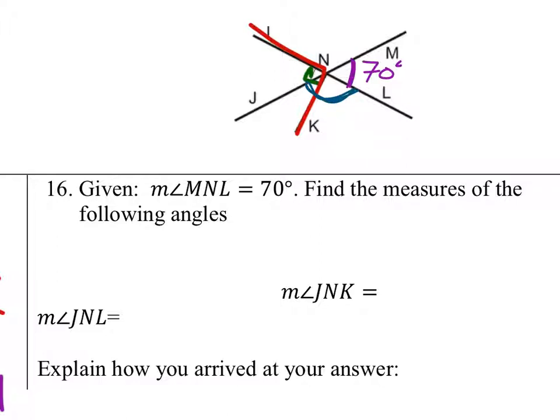JNL and MNL are supplementary because they give us this straight angle right here. So to find angle JNL, I'm going to take 180, that's the supplementary relationship, and subtract the 70 degrees, which is the other angle, and that gives me 110 degrees.